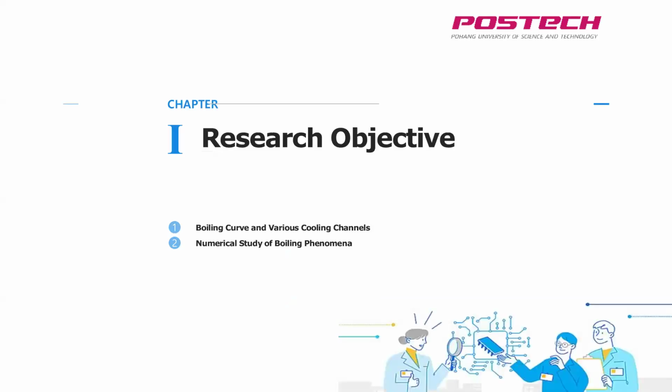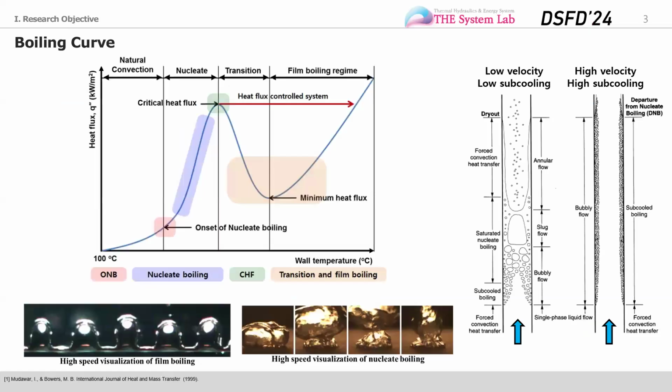My content is listed here. First is the research objective. The left figure represents the boiling curve, which is a very fundamental figure in boiling phenomena. The boiling curve can be divided into four different regions by its characteristics.